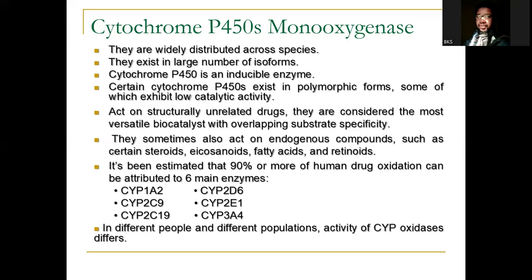That is the reason why the classical way of naming them was developed, in which you have the cytochrome, as you can see in the examples here. You have Cyp1E2, Cyp2C9.